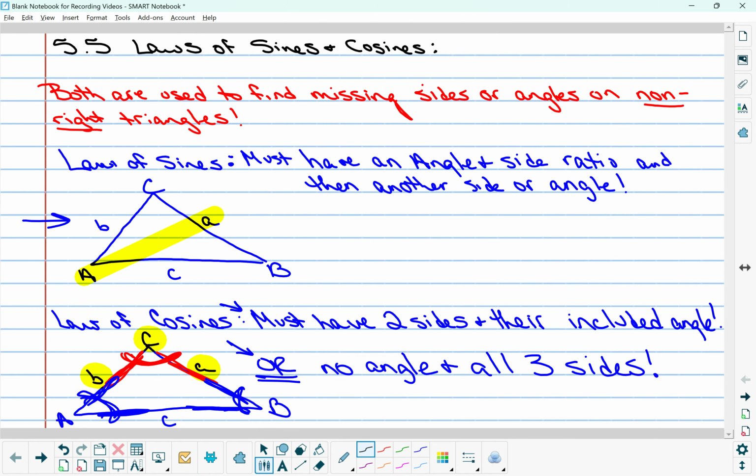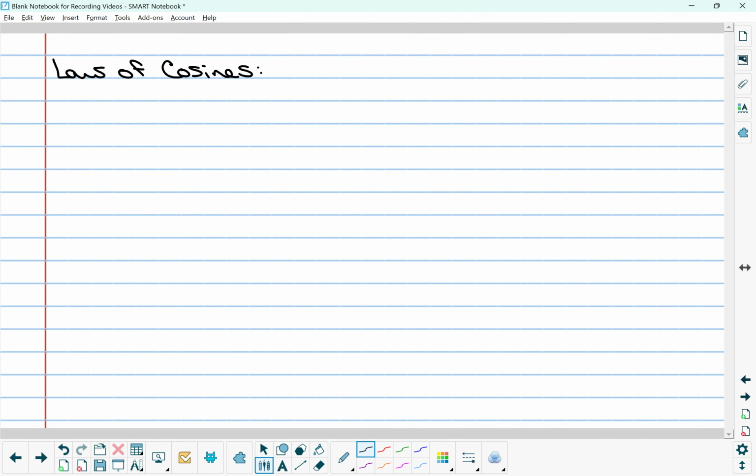Okay, so the law of cosines. And I'm going to flip back real quick here. We talked about this happening when you have two sides and an included angle. And it can happen with all three of them. So I'm going to give you three formulas right off the bat over here. Okay, so here's one.